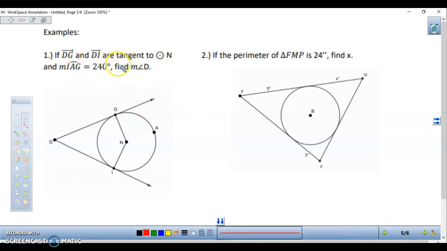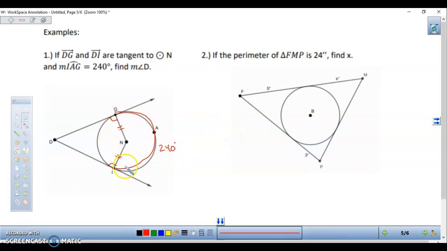If DG and DI are tangent to circle N, so right away I'm going to mark my right angles. I'm going to mark congruent radii, and the measure of arc IAG, so from here to here, is 240 degrees. Find the measure of angle D. Check it out.